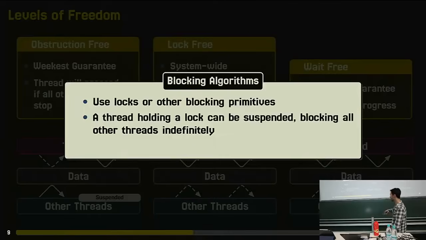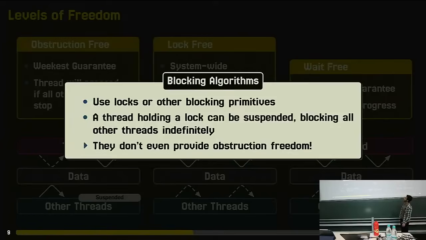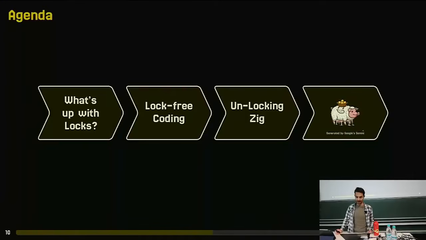They can do whatever they want, and it's pretty hard to reason about progression guarantees with typical locks. They don't even provide obstruction freedom, at least by default, which lock-free algorithms do. Good. So far, so good. That's it with lock-free coding.